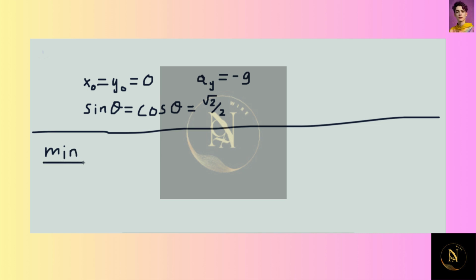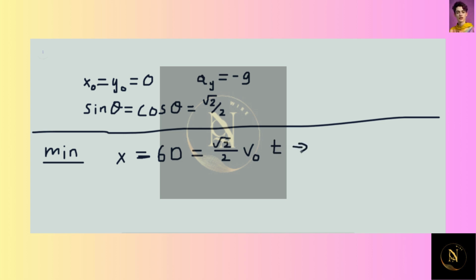For the minimum distance, x is equal to 6d, which is equal to root 2 over 2 times the velocity initially, v naught, because v naught times the cosine of theta is equal to the velocity in the x direction. So that's v naught times root 2 over 2, and then, of course, multiplied by the time.